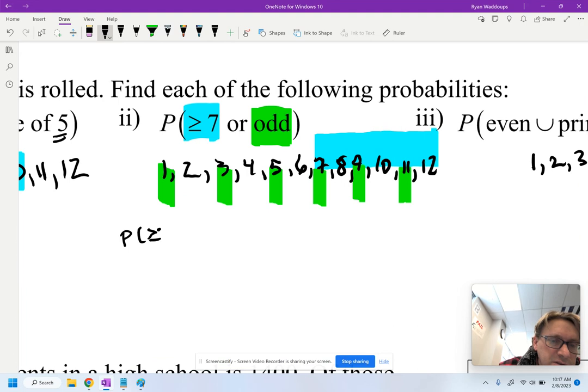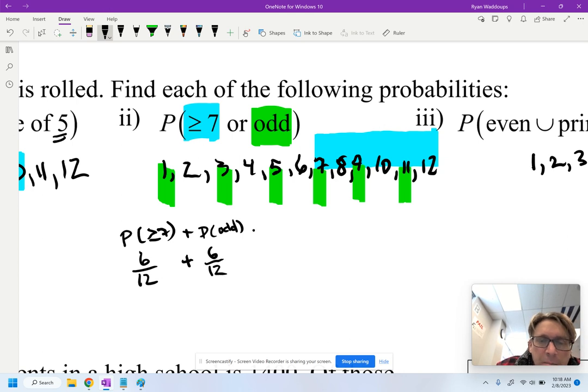Probability of, let's say, greater than or equal to 7, and that's once again 1, 2, 3, 4, 5, 6. So that's 6/12 plus the probability of odd, and that's 1, 2, 3, 4, 5, 6 numbers.